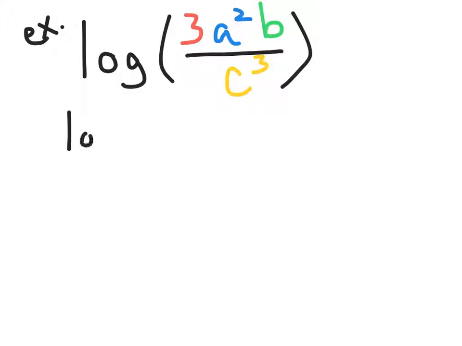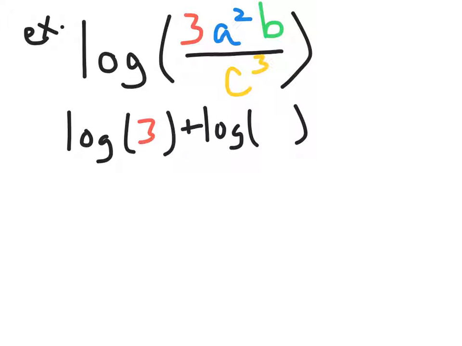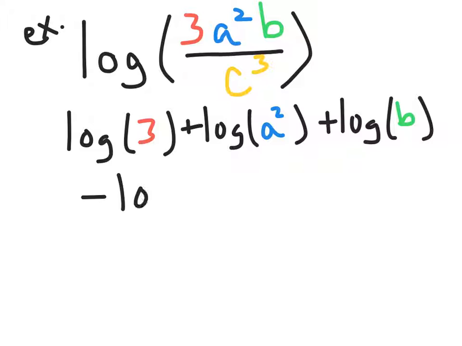So I'm going to start with the log of 3, and I can add that to the log of a squared, and I can add that to the log of b, and lastly I'm going to subtract the log of c to the third.